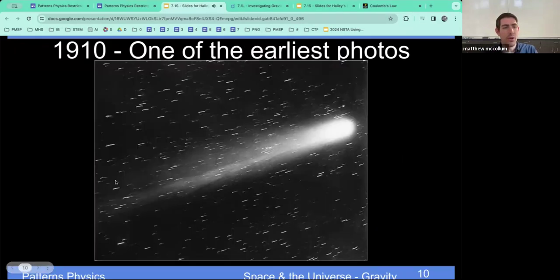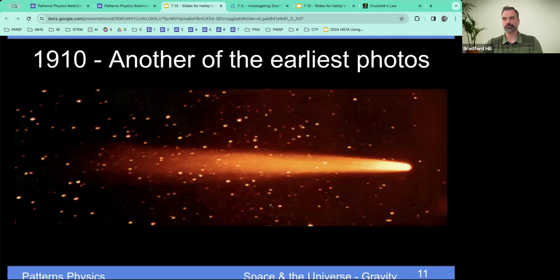I don't know if this one's worth showing, but just looking at some of the earliest photographs of it when it's close. There's other early photos of it. One of the best photos is ahead here in the slides. Bradford, thanks. Yeah, some of the best photos, so still early photographs of it.